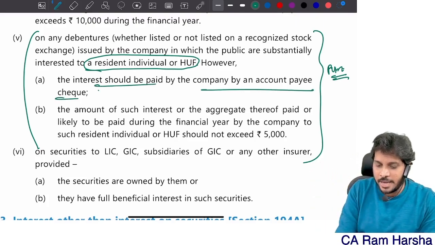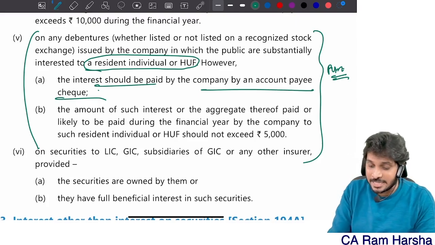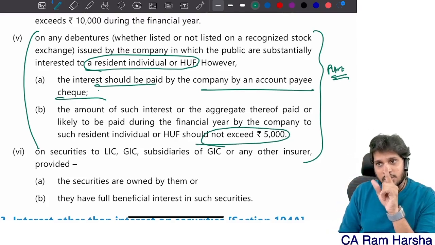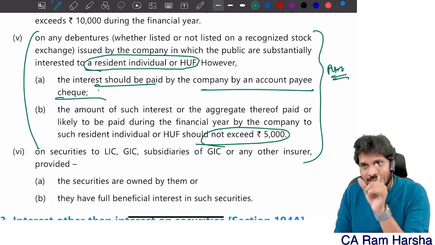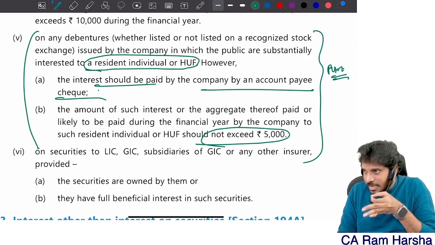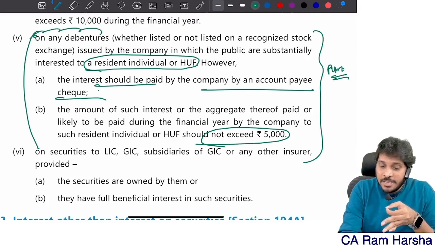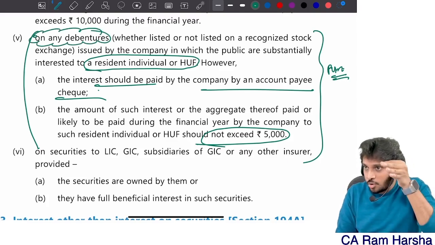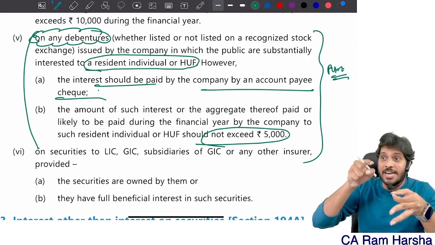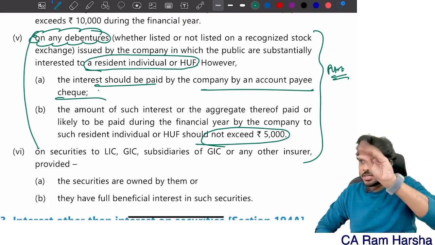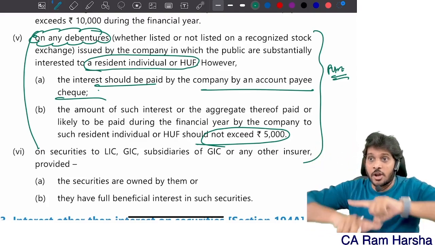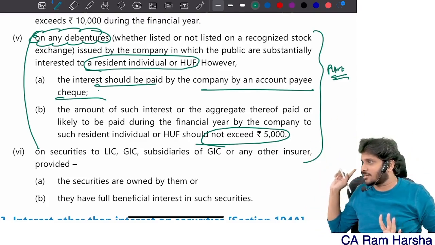Interest should be paid by account payee cheque, and the interest amount shall not exceed 5,000. 5,000 threshold limit under 193 is there only if the interest is paid by the public company on what? Debentures only. On only debentures. If a public company is paying interest on debentures to individual and HUF, 5,000 threshold limit applies. Up to 5,000 no TDS. The moment it crosses 5,000, on the entire amount 10% flat.